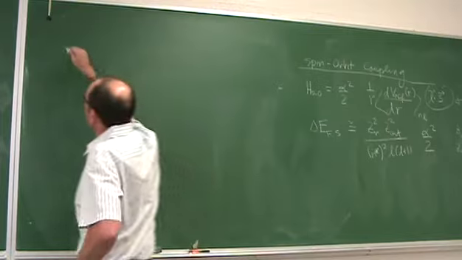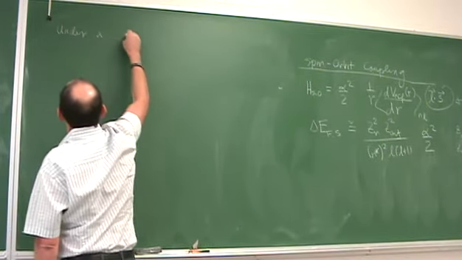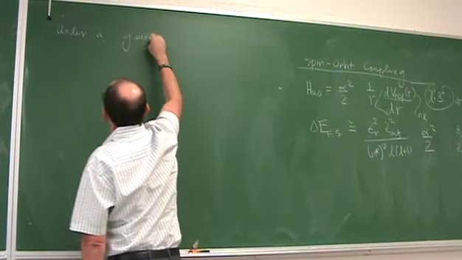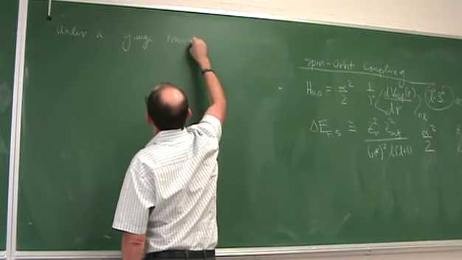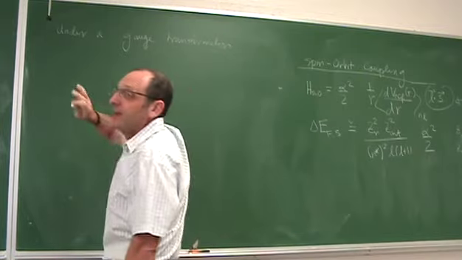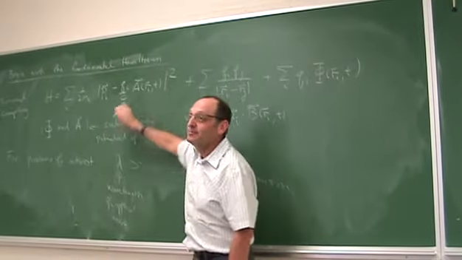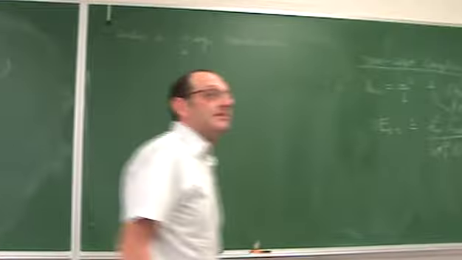So under a gauge transformation, by the way, this is all in CGS units, so that's why there's a 1/c here, if you're less familiar with that.